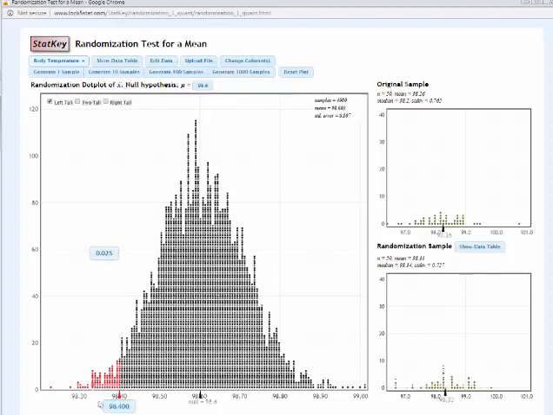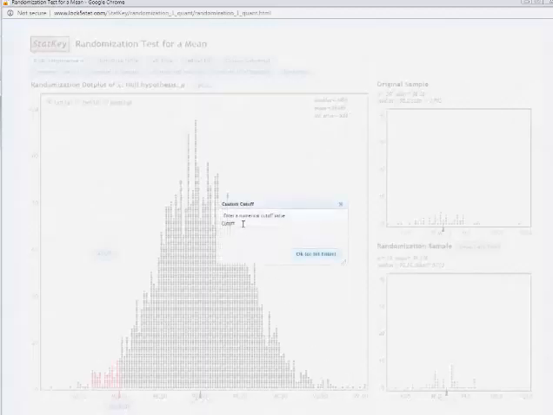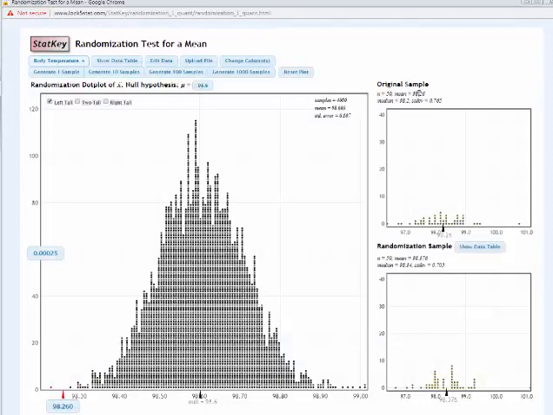So we're looking over here, and if we click on this value down here, I want to see where 98.26 shows up. Okay, so that's our sample mean. Where does that show up? Well, it's way down here. The p-value is 0.00025. Really, really tiny.